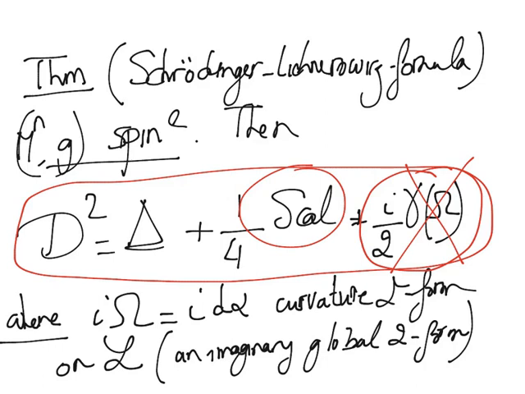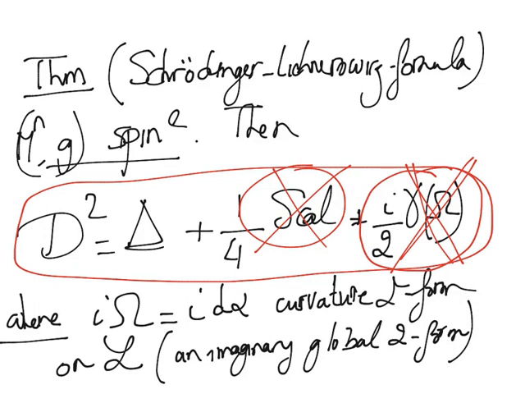So just imagine that these two terms are 0, like in the case of Rn, because Rn is spin, so this term is 0, and the scalar curvature of Rn is 0, then you get the square root of the Laplacian. So that's the Schrödinger formula. It relates the Dirac operator to the geometry of the manifold, and as well the geometry of the auxiliary line bundle defining the spin-C structure.